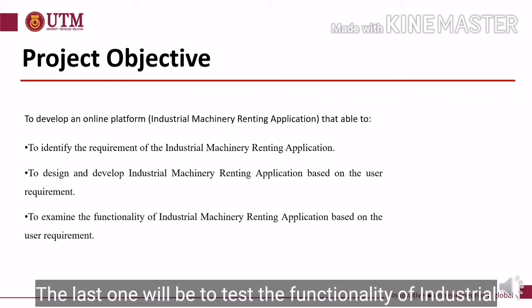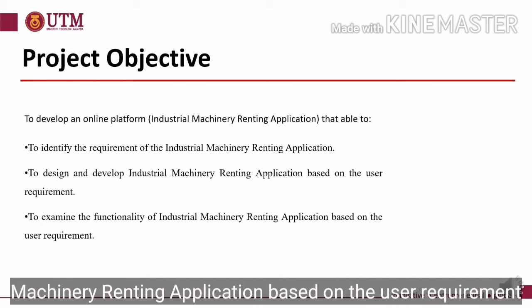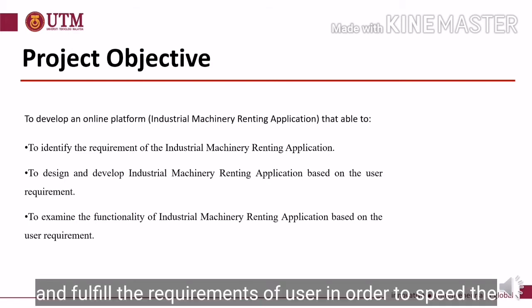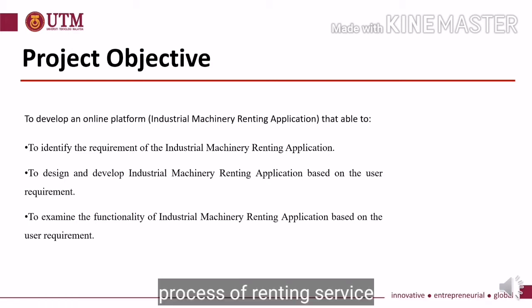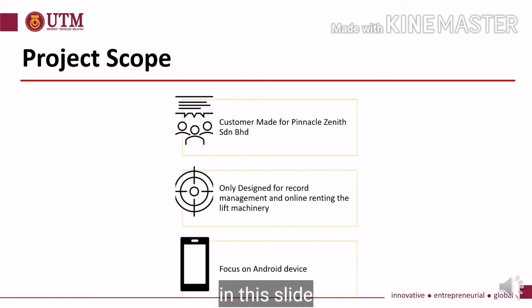for testing the functionality of the industrial machinery renting application based on the user requirement, to make sure the instant renting system can work well and fulfill the requirement of the user in order to speed up the process of renting service. This is the scope of this project that is already summarized in this slide.